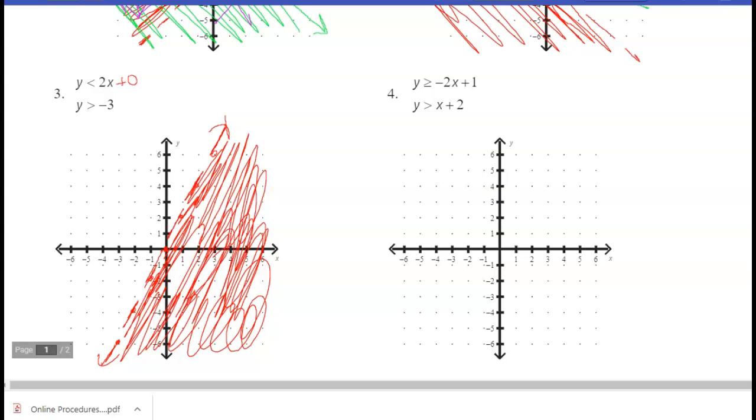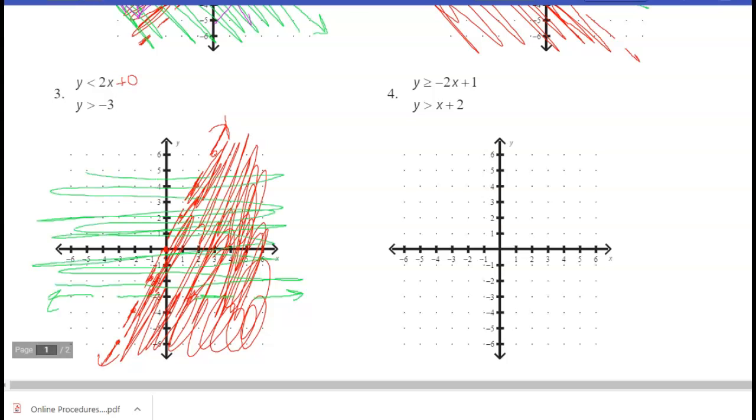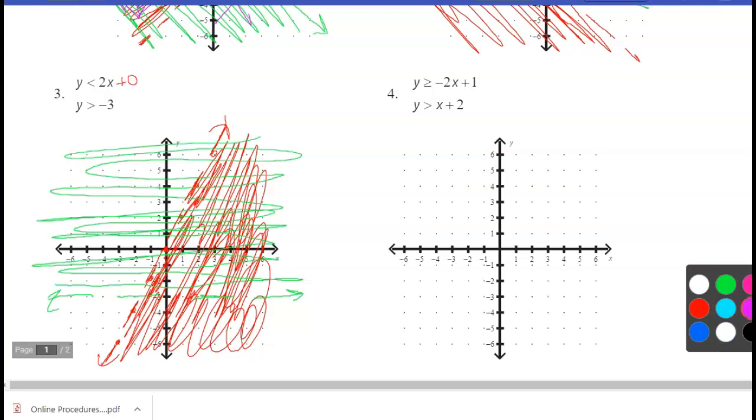Switch to green. Y is greater than negative 3. So I'm going to make this dotted again. So we're going to have a solution, and it's where they both intersect. If you wanted to use a third color, you can. Sometimes people had a highlighter if we're doing this by hand, and they would highlight, but our solution is over here in this purple area.